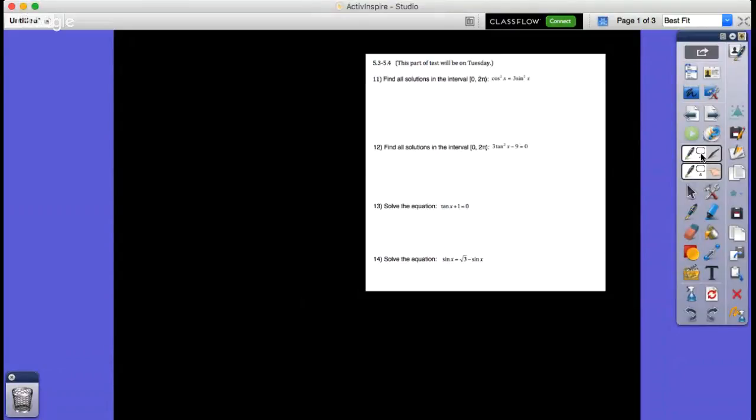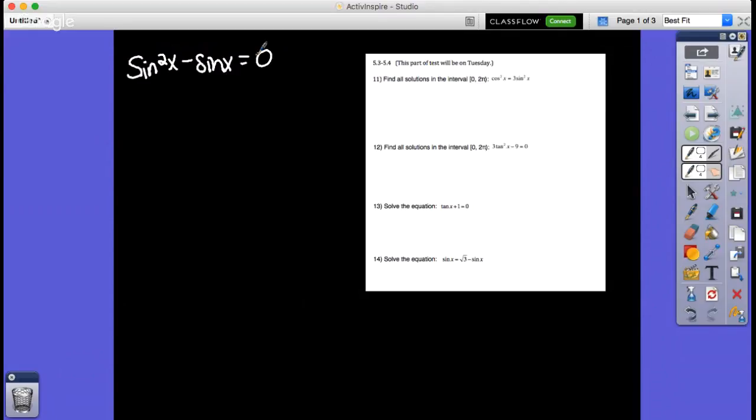All right, now, as far as this goes, we have a couple of problems we want to hit on. All of these from 11 all the way down through the end are problems that you need to know for your test. A couple of ones that are not on here are important. Let's say we had one that was sine squared of x minus sine of x equals 0. That could be a good one.